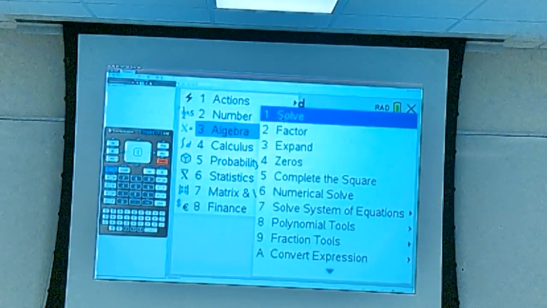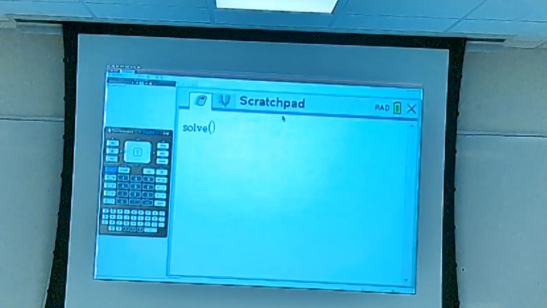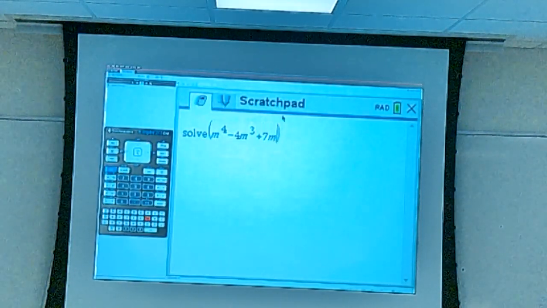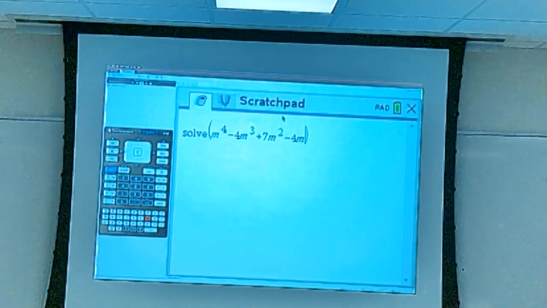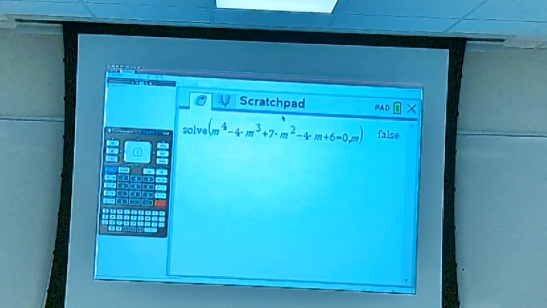Menu, algebra, solve. Then the equation. So with respect to m. You gotta use C solve. False. That means there's no real solutions.